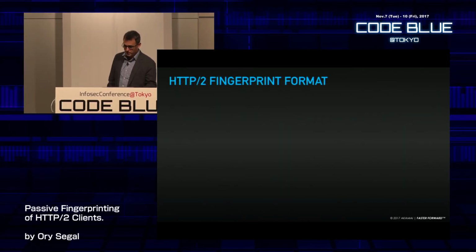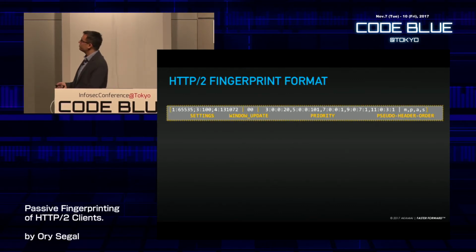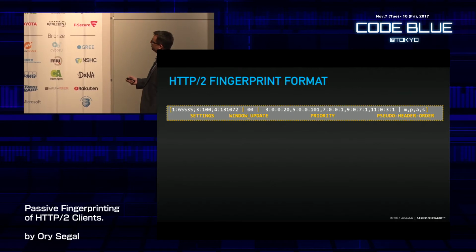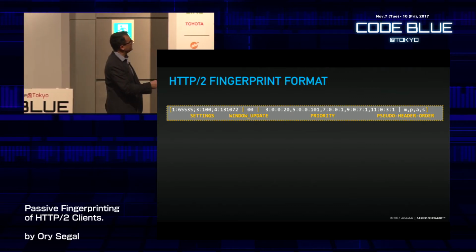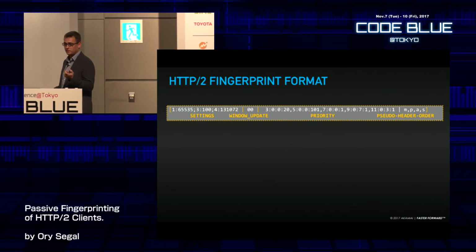So where are we with the fingerprint format? We have the settings in the beginning, pipe, the window update, pipe, the priority part, and then the pseudo-headers encoded as a single character.